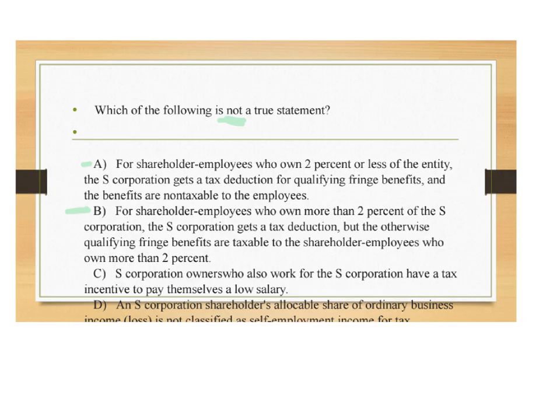That is also true. D says an S corporation shareholder's allocable share of ordinary business income or loss is not classified as self-employment income for tax purposes. That is also true.